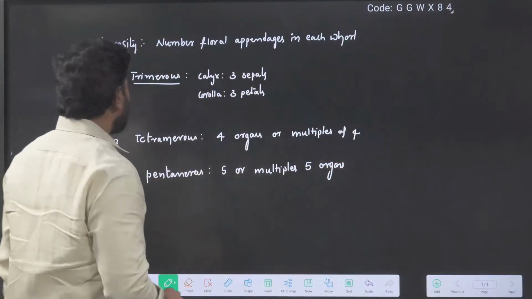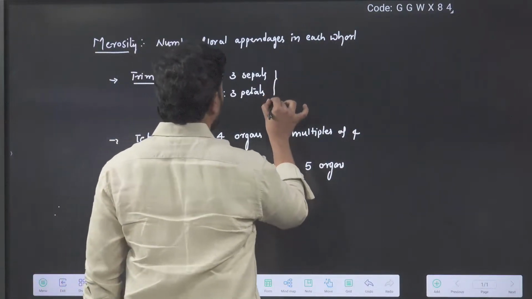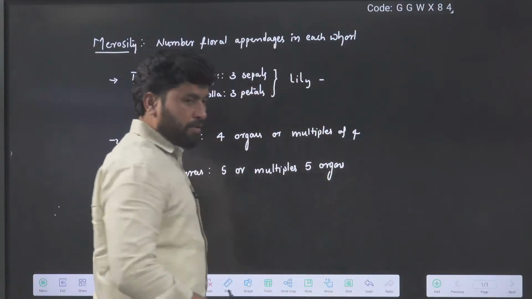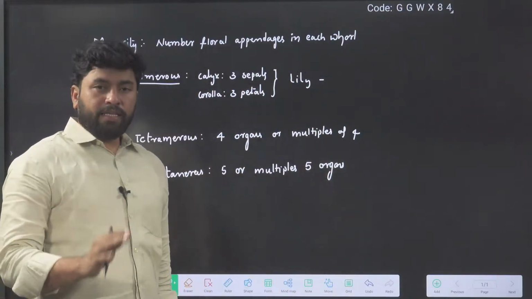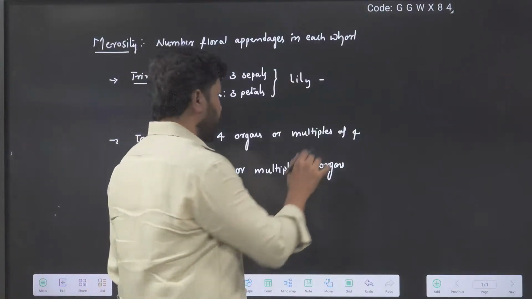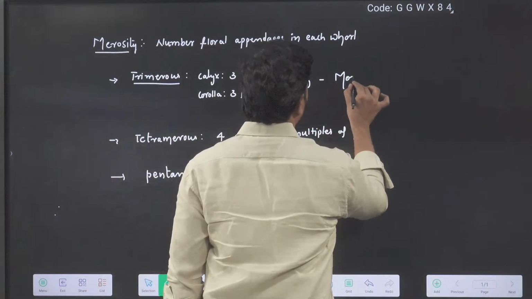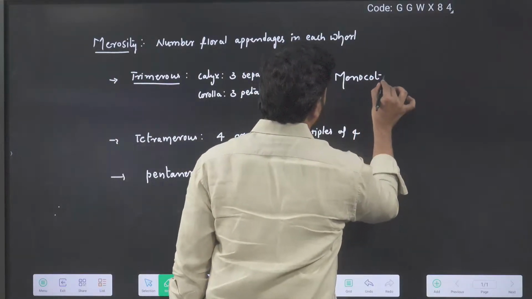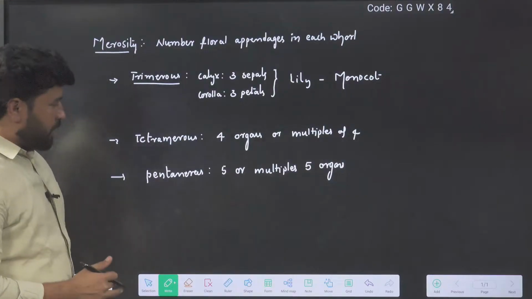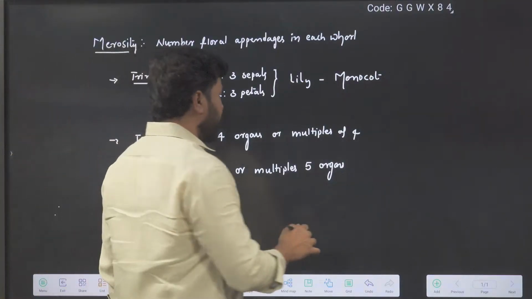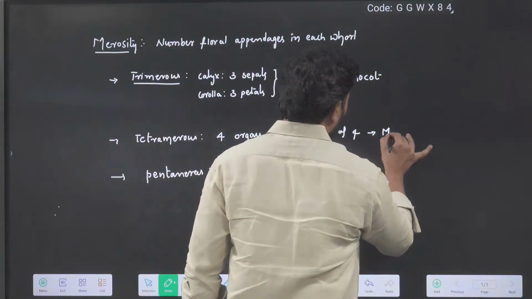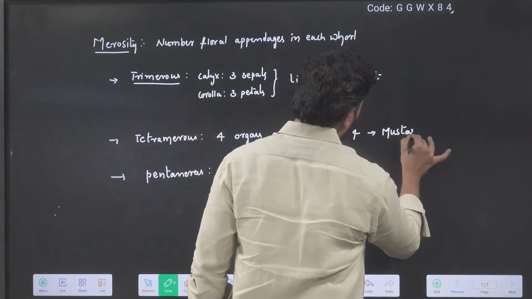The best example for trimerous flowers is the family Liliaceae. One important thing you need to remember: if a flower has the trimerous condition, that flower generally belongs to monocots. Monocots have a trimerous nature. And if a flower is tetramerous or pentamerous, they belong to dicotyledonous members. The best example of tetramerous flowers is Brassica, the mustard family members.